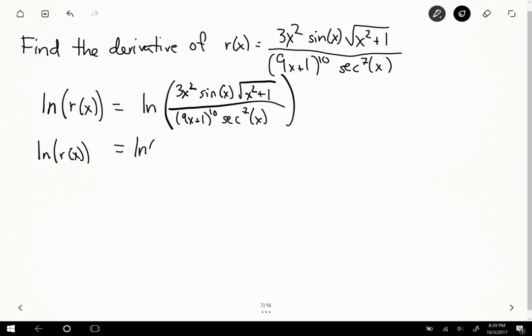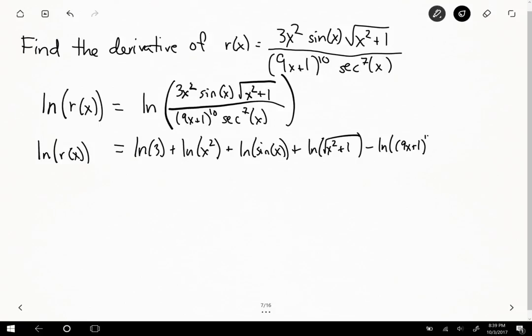Well, you can break this up as natural log of 3, which is just a constant, by the way, plus natural log of x squared, which we'll come back and talk about how to break that down further, plus natural log of sine of x, plus the natural log of the square root of x squared plus 1, minus the natural log of 9x plus 1 to the 10th, minus the natural log of secant to the 7th of x.